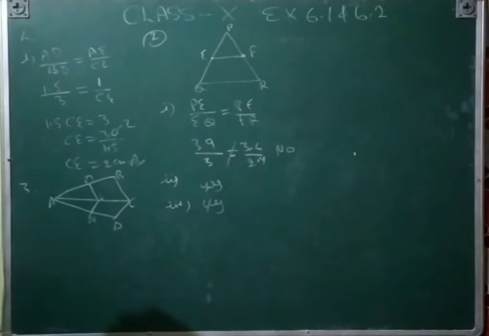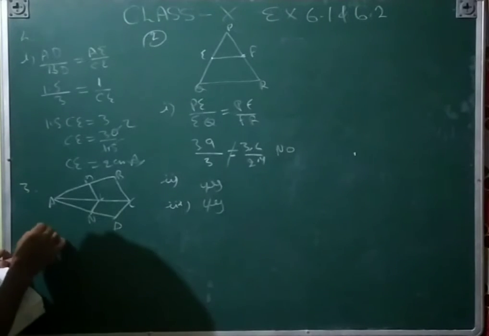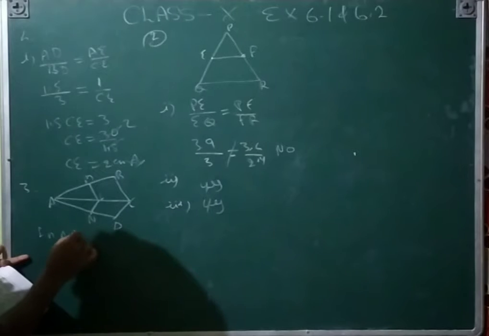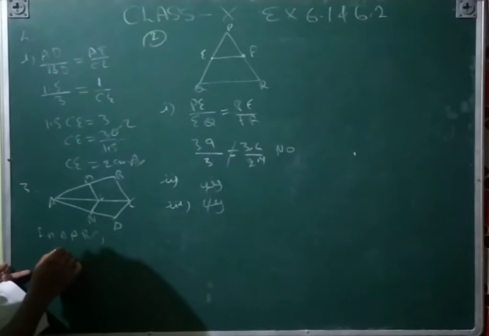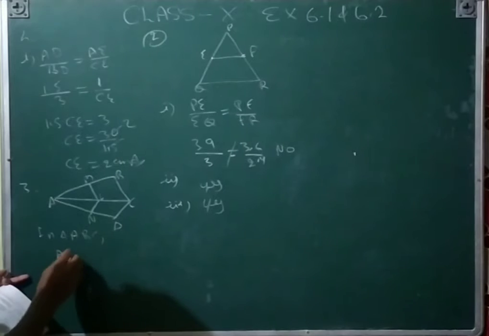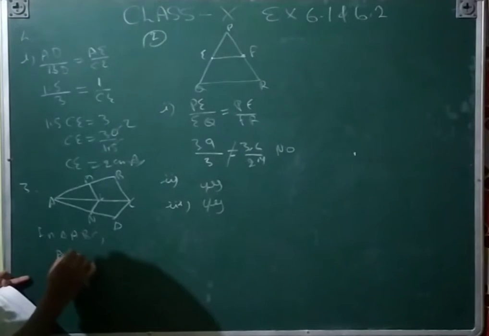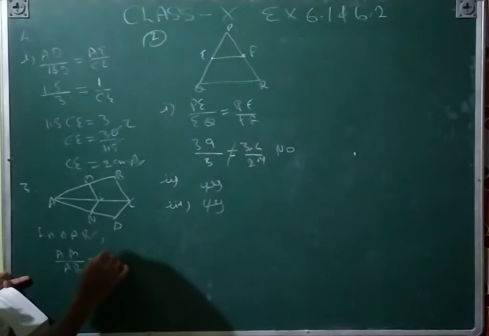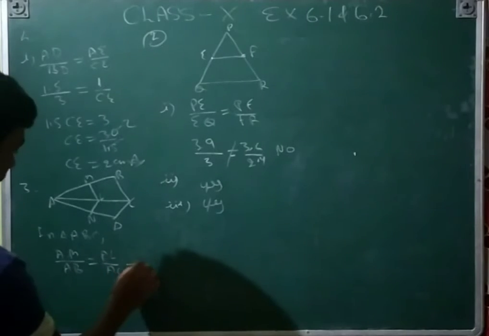It's given. So in triangle ABC, AM upon AB is equal to AL upon AC by the theorem.